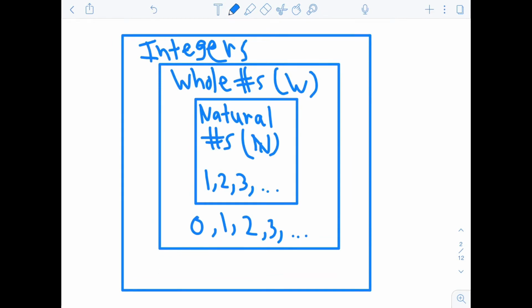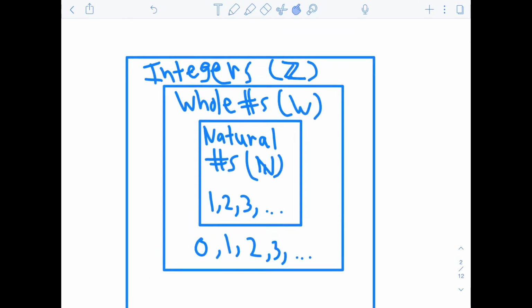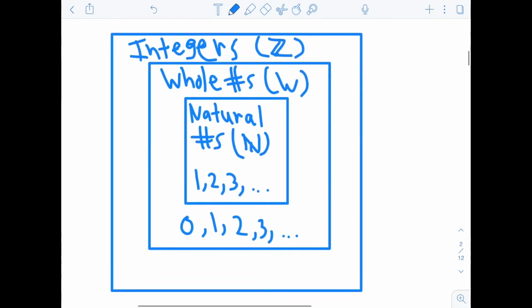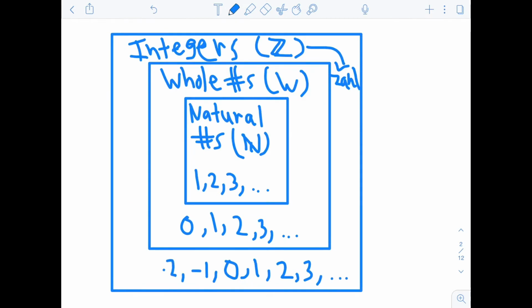So it's actually a Z. The reason why it's a Z is because Z is from a German word, Zahl, and it's just German for number. So the integers include the whole and natural numbers. So it includes 0, 1, 2, 3, but it also includes negative numbers. So -1, -2, -3, and so on.